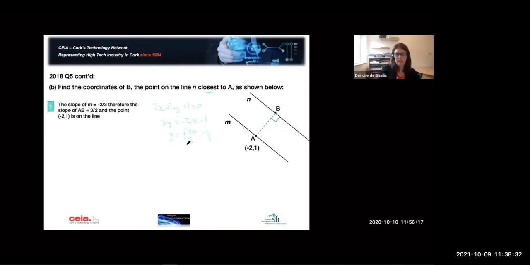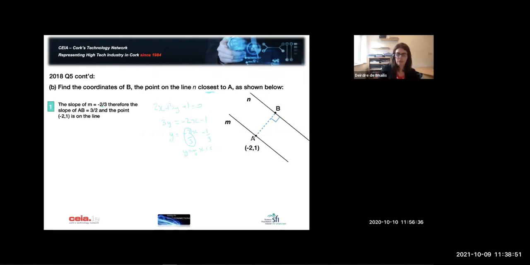And so what I see there is it's written in the form y equals mx plus c. So the coefficient of the x is our slope, and that's where I'm getting the slope of m is equal to minus 2 over 3.